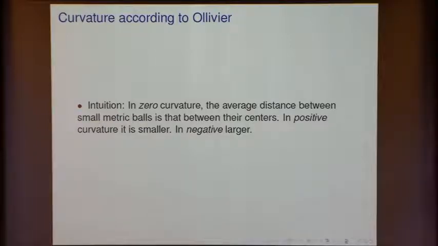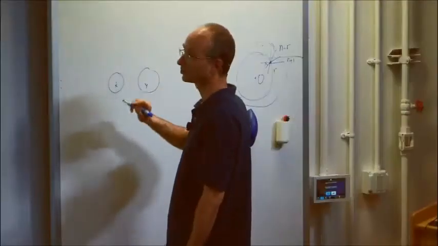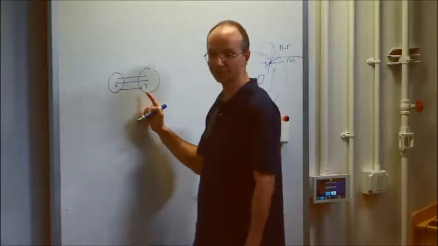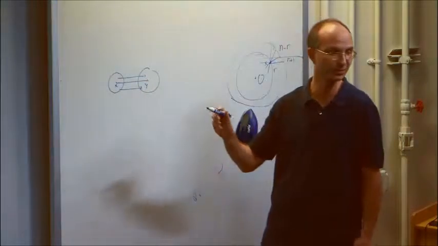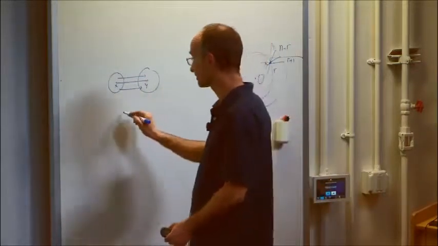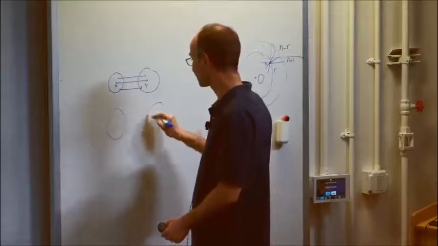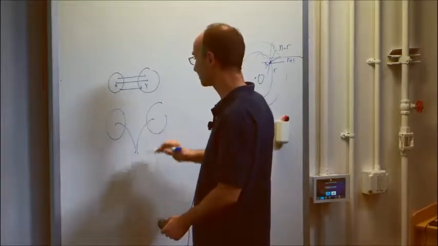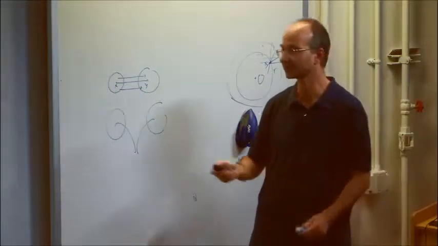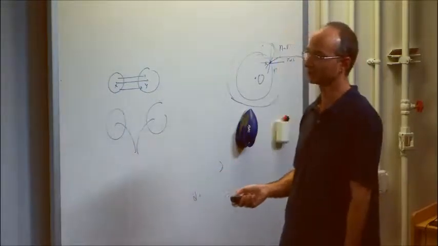So if I have two small balls around 2 points, I have a parallel shift, and the distance between the balls would be exactly the distance between the centers, the average distance. And if you have negative curvature, then sort of balls grow further apart. It's somehow like that. And in positive curvature, they grow together, and therefore the growth is slower. This is the intuition I want to try and capture.